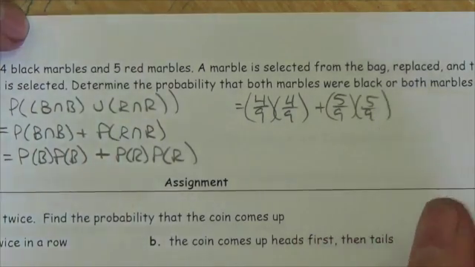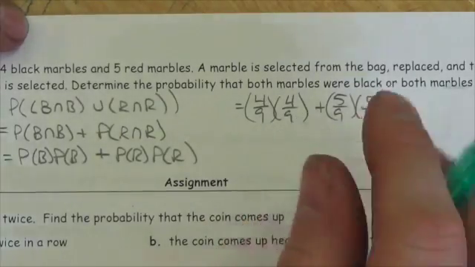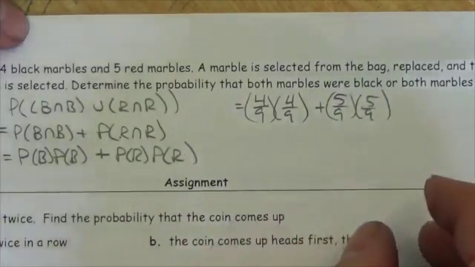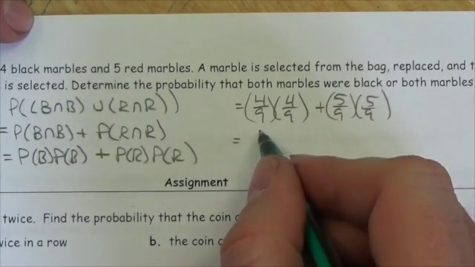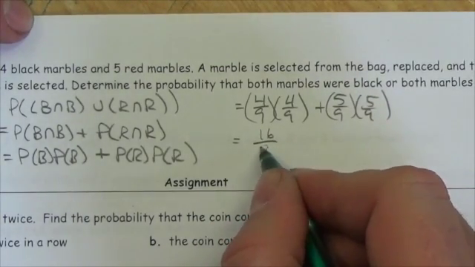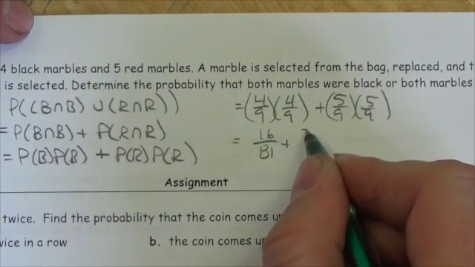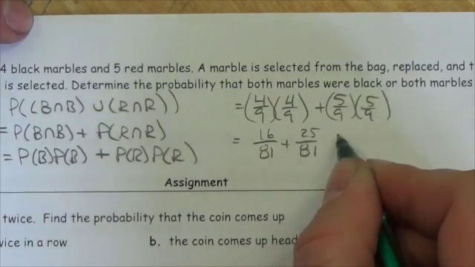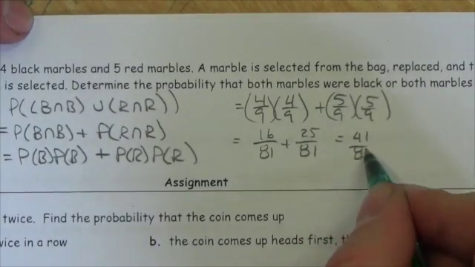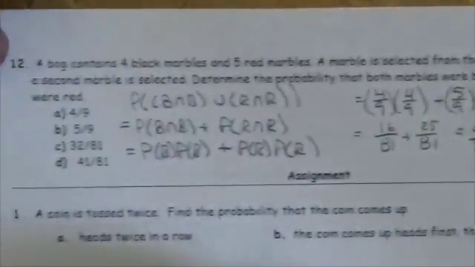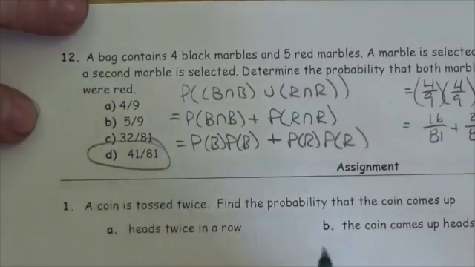Now remember that the probabilities look like this because I'm putting the marble back in. Okay, so now what is this? This is going to be 16 out of 81 plus 25 out of 81. So what do we got there? That's going to be 41 out of 81. And when I look at my options, there it is at the bottom there, D.